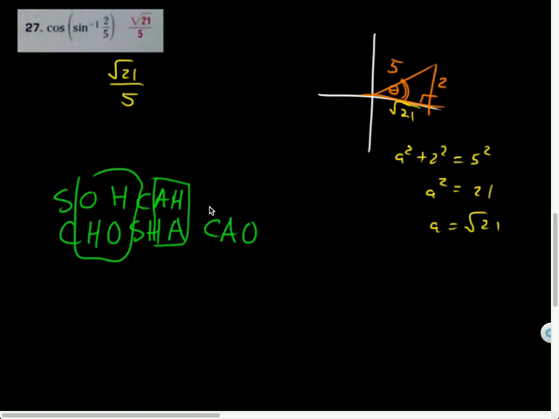These two letters are flip-flopped, and then tangent, opposite over adjacent. Right, because tangent is the reciprocal of cotangent. Cosine is the reciprocal of secant. All sorts of good stuff.